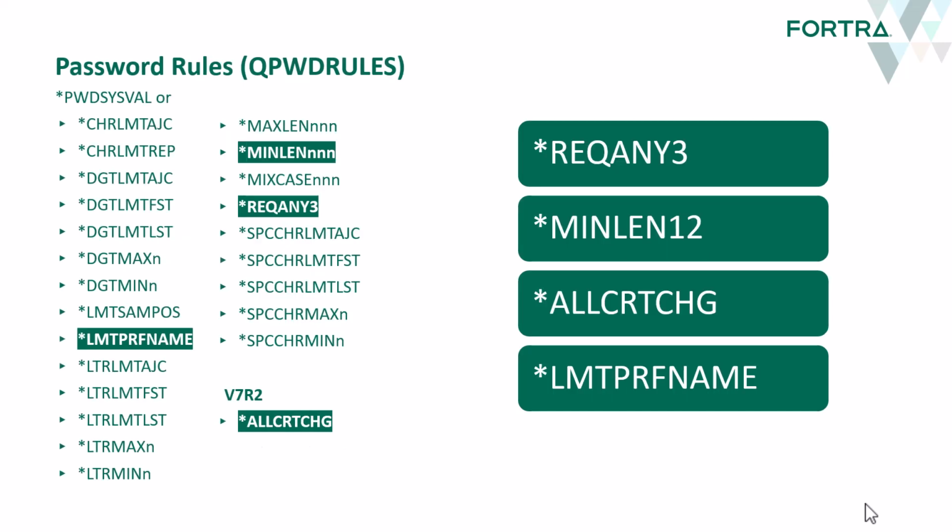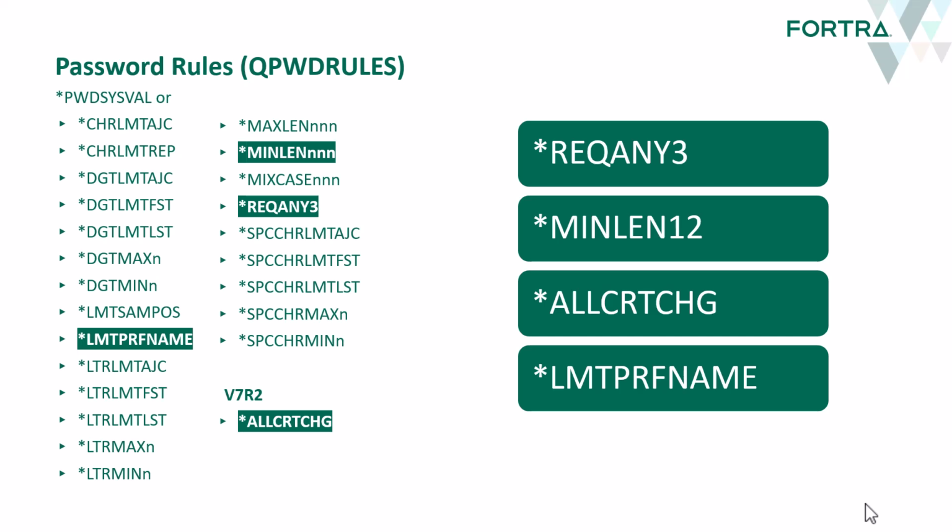When we talk about the complexities of passwords, using the password rules rather than the password values allows you to take advantage of some really nice shortcuts to require complex passwords, and also ensure that no one can bypass these complexity rules. The recommendations that I've placed on the slide are require any 3, a minimum length of 12.